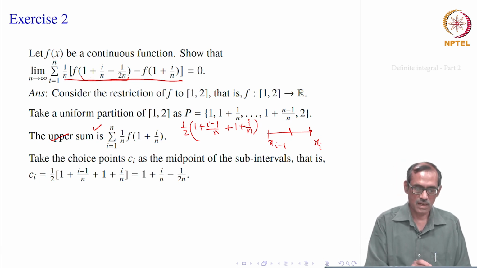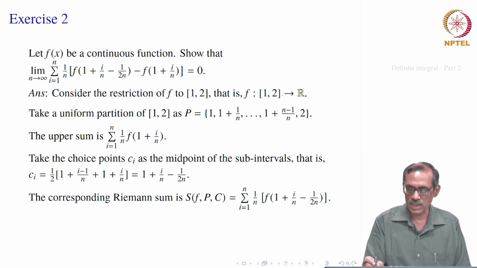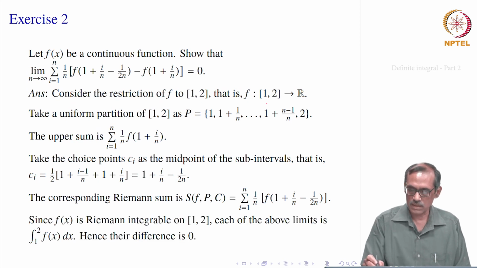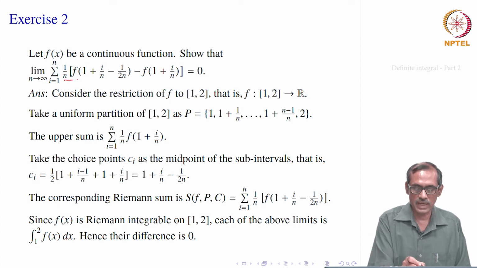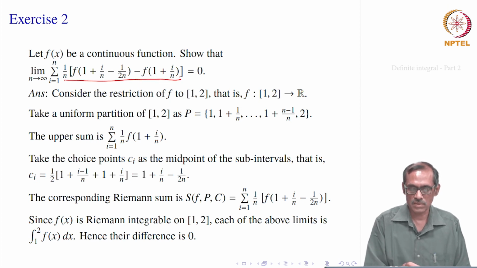Now, you see this is a continuous function on the closed interval [1, 2], so it is integrable. Once it is integrable, you choose any two Riemann sums for the same function defined over that interval, and their difference should go to 0 as the norm of the partition goes to 0. Fine. So, that is what we are doing.